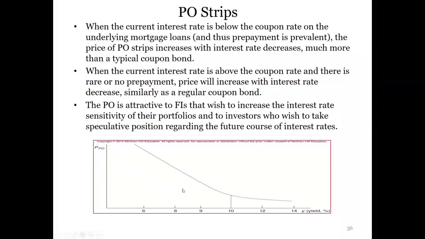If you look at the graph here, when there is a decrease in interest rates, we expect the price of the PO strip to go up sharply. You see it's a very sharp downward sloping curve, indicating a very sensitive change in price with respect to changing interest rates.